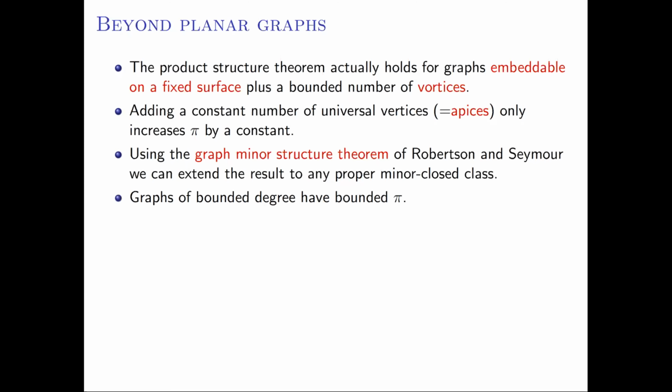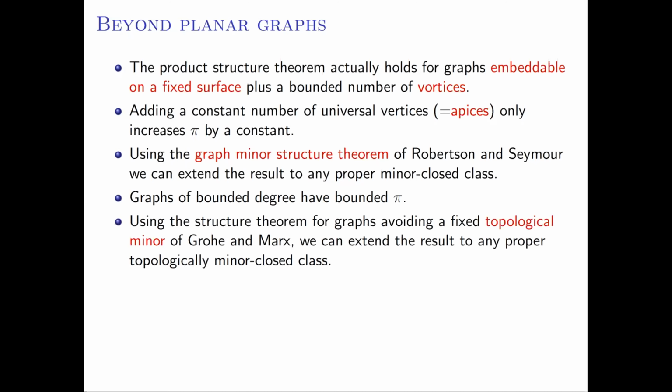As we saw, graphs of bounded degree, they have bounded pi. And we can again use this and another nice structure theorem, this time for graphs that avoid a fixed topological minor. So you avoid all subdivisions of some graph. Then again, the structure theorem tells you that you can describe this class by taking clique sums of simpler graphs.